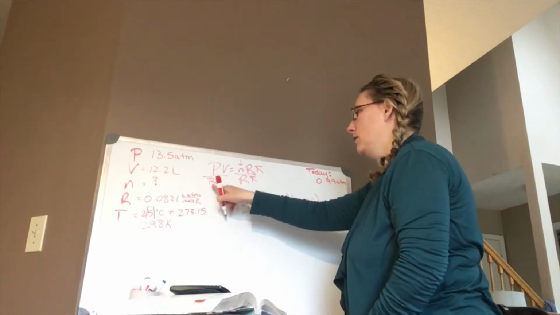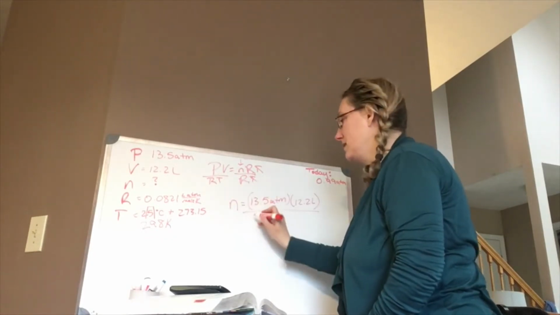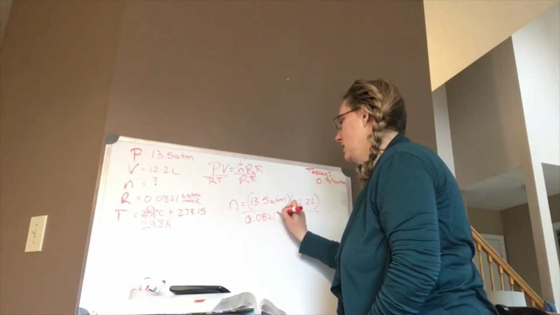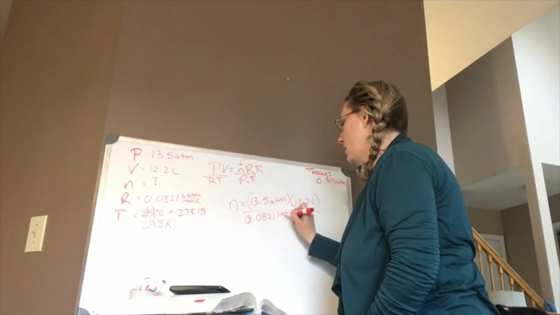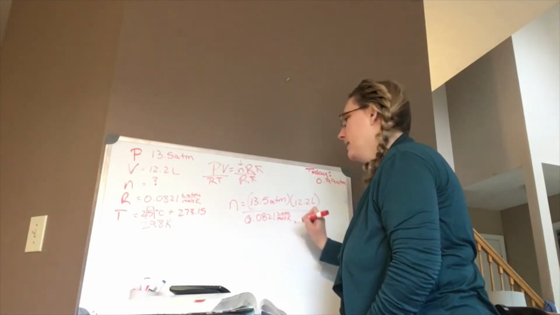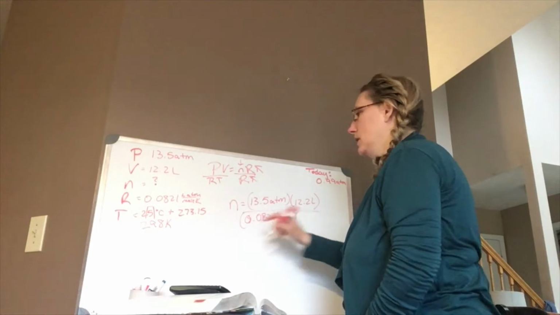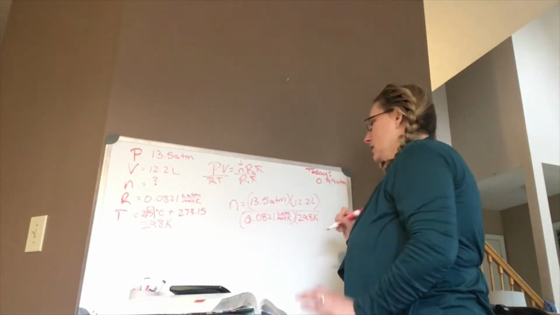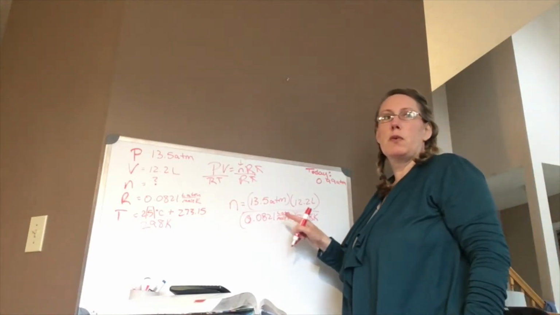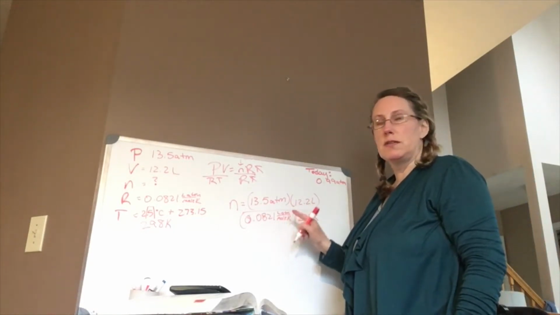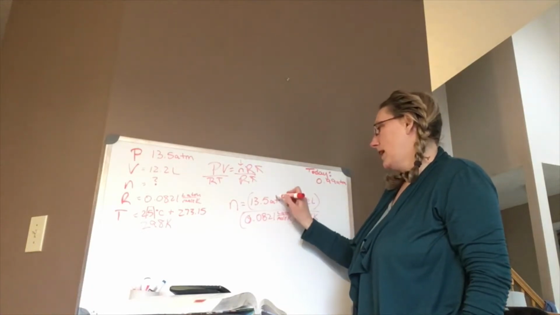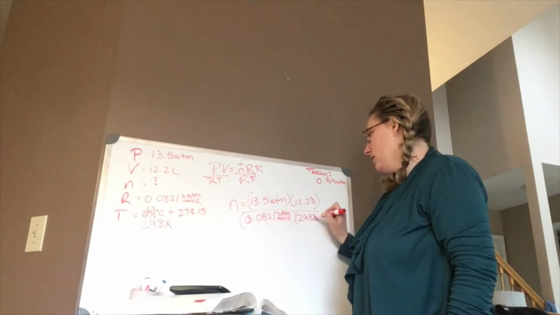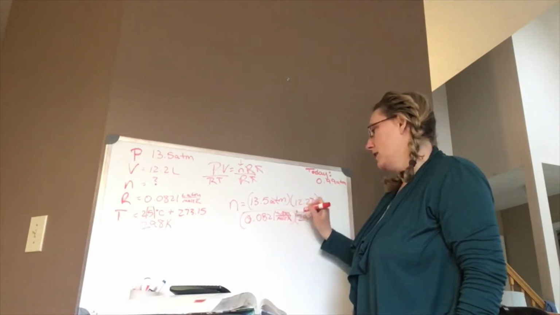And my gas constant, which you've memorized, is 0.0821 liters atmospheres per mole Kelvin, times my temperature in Kelvin, which is 298 K. So again, it's a pain to memorize it, but once you memorize it, you can make sure all your units cancel. So this atmosphere cancels out that atmosphere, this liter cancels out that liter, this Kelvin cancels out that Kelvin because it's on the bottom of the bottom.